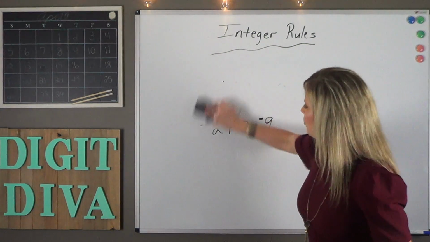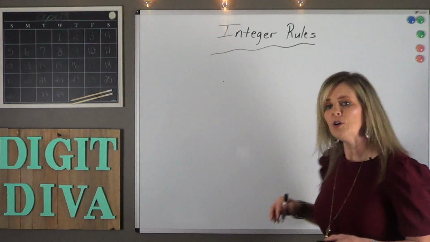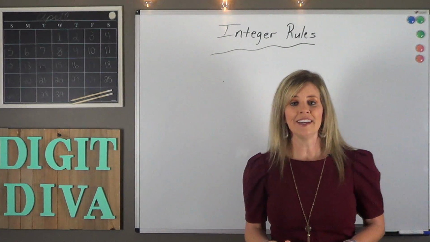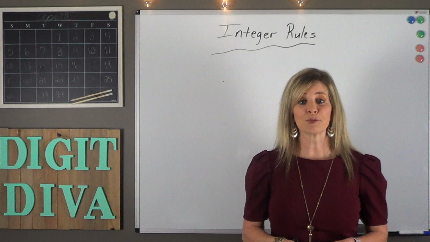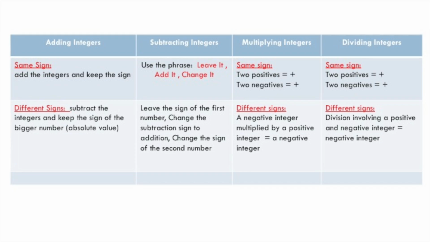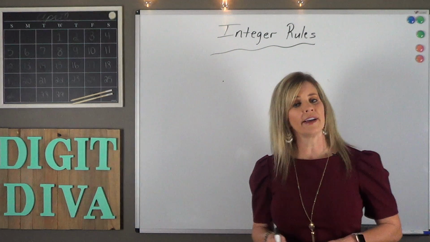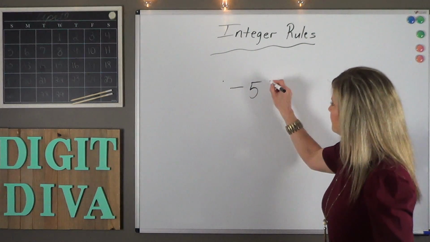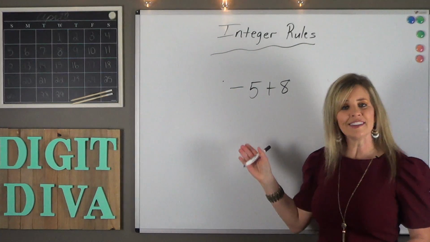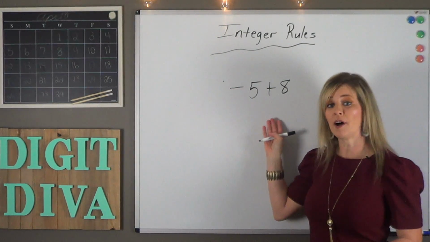Now, what do we do when our signs are different? Let's take a look at the slide that tells us the rule for adding integers with different signs. Different signs: subtract the integers and keep the sign of the bigger number, the absolute value. Let's practice a few examples when the signs are different. This time we have a -5 plus a +8.